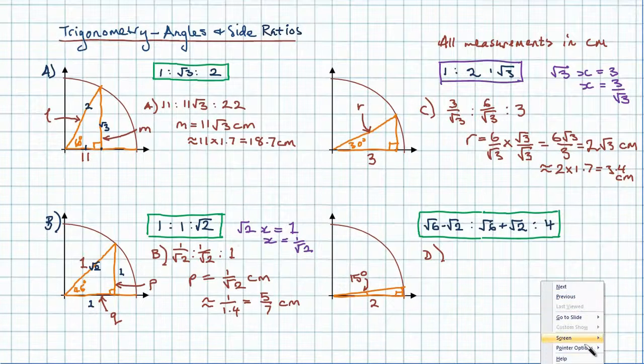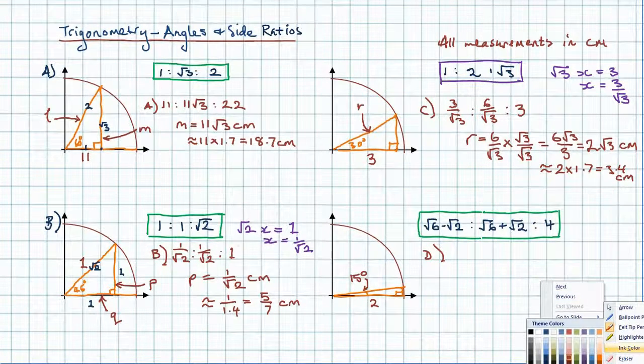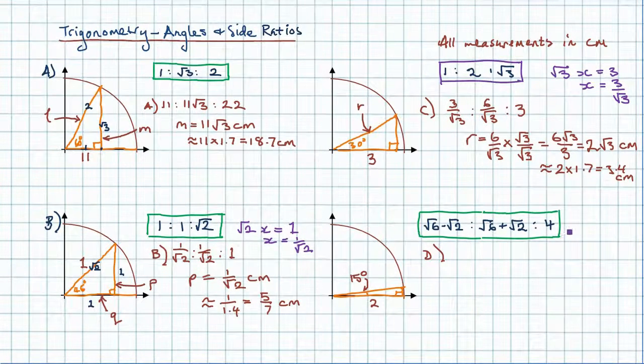Okay, let's just work this out. In other words, exactly the same as before, but this time we take these values, root 6 plus root 2 times x is going to give us 2. So what's x? X must be 2 divided by root 6 plus root 2. Okay?